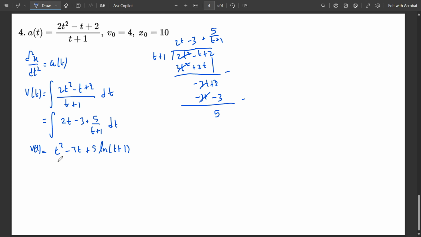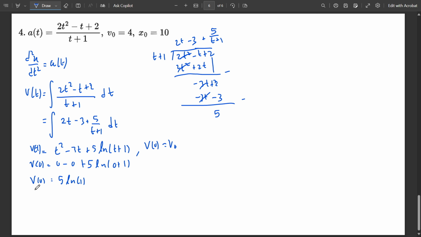Again, we want v initial, I mean the particular solution. So we have v of 0 equals v initial. v of 0 is equal to 0 minus 0 plus 5 times the natural log of 0 plus 1. Well, v of 0 is just 5 times ln of 1.